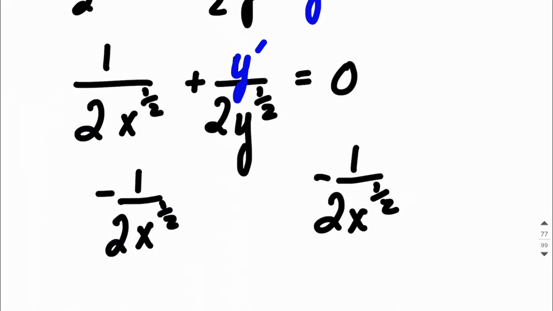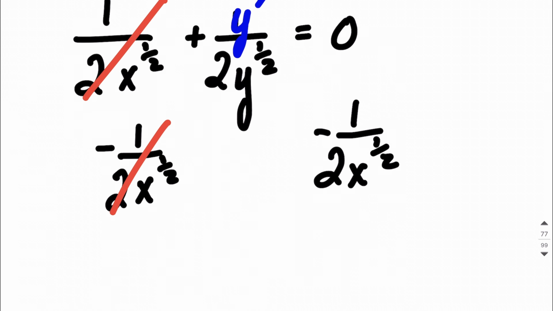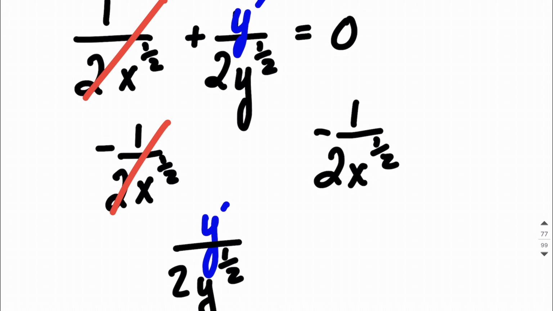By subtracting it, it'll eliminate it from the left-hand side. So what we're going to be left with is y prime over 2y to the positive 1/2 power equals negative 1 over 2x to the positive 1/2 power.